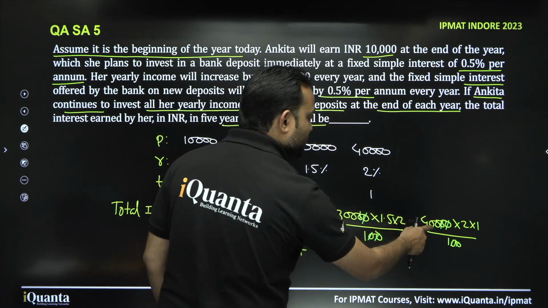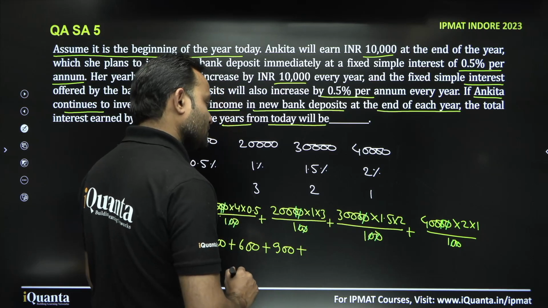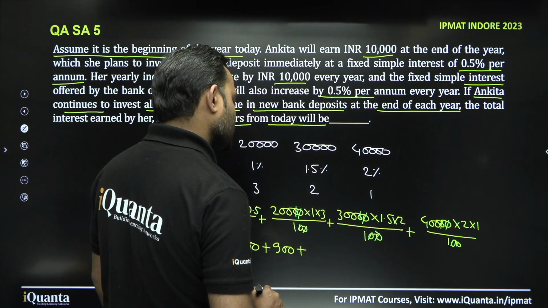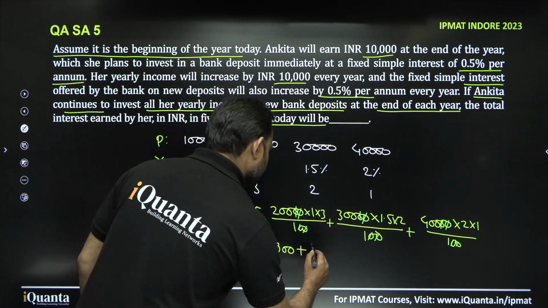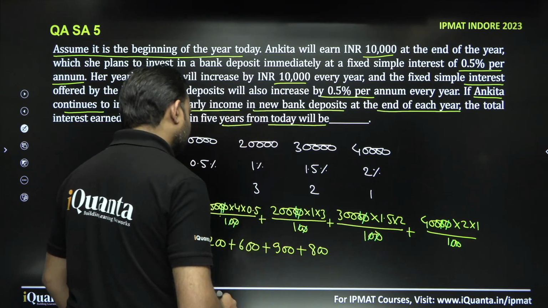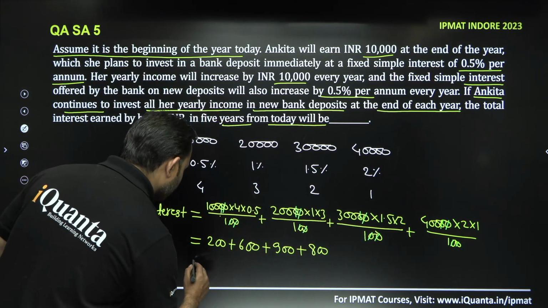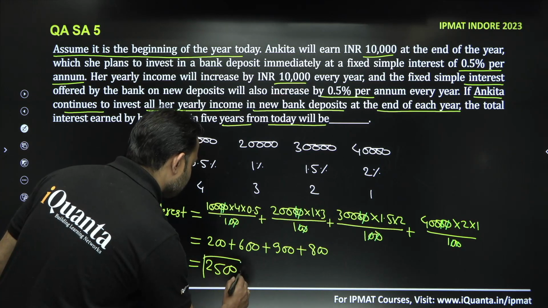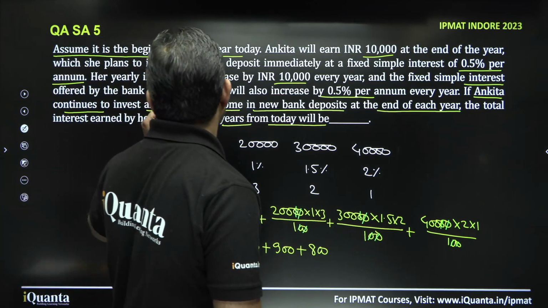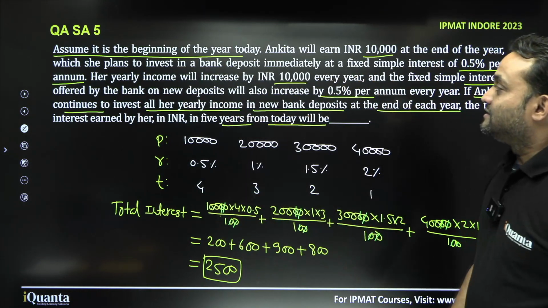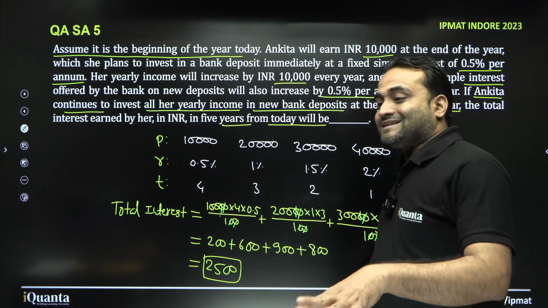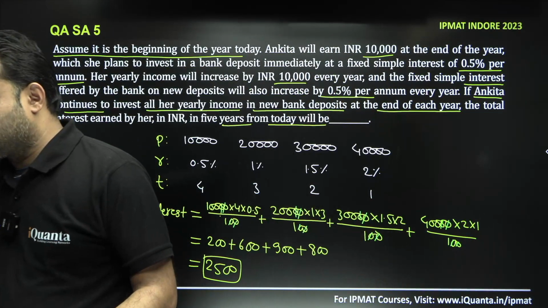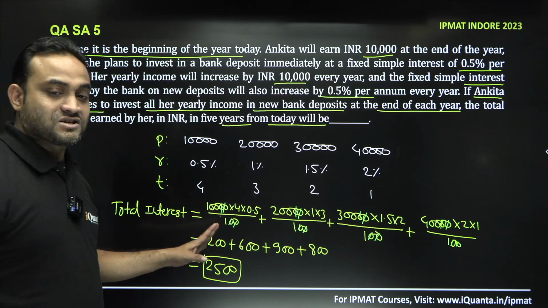This value is 400 into 2. So, this is 800, right? So, in total, this is equal to 2,500. This is the interest earned by Ankita at the end of the 5 years. Okay, this is the total interest earned by Ankita.